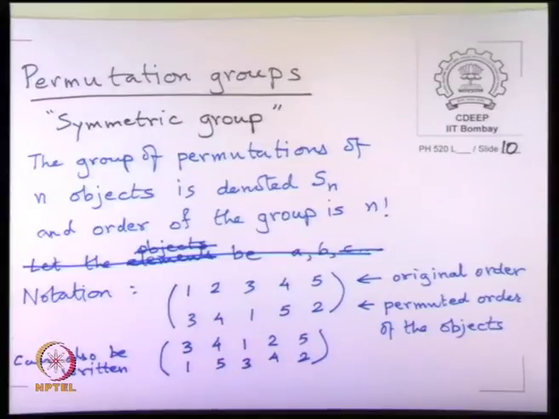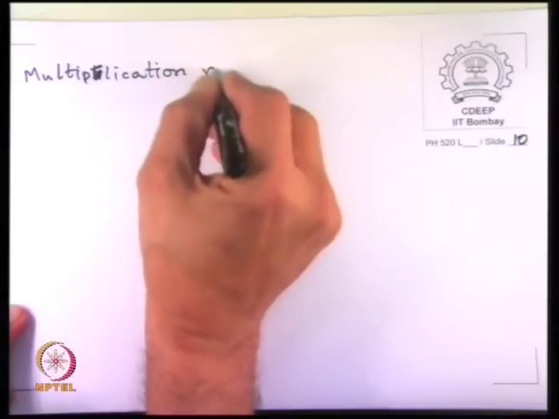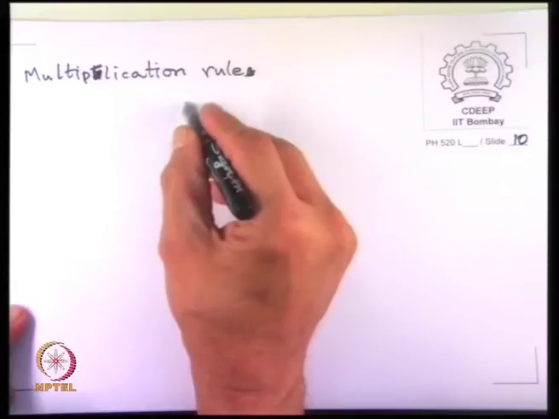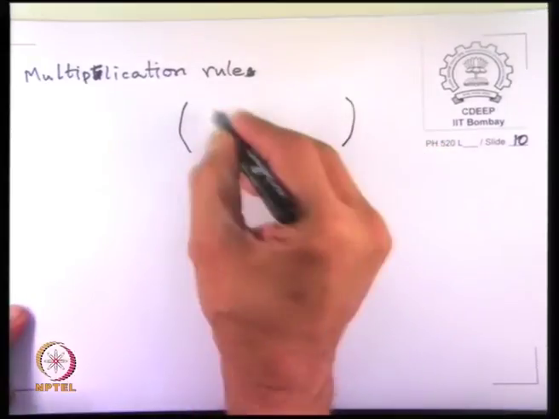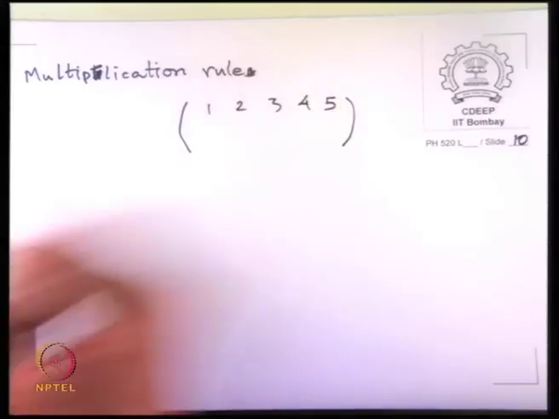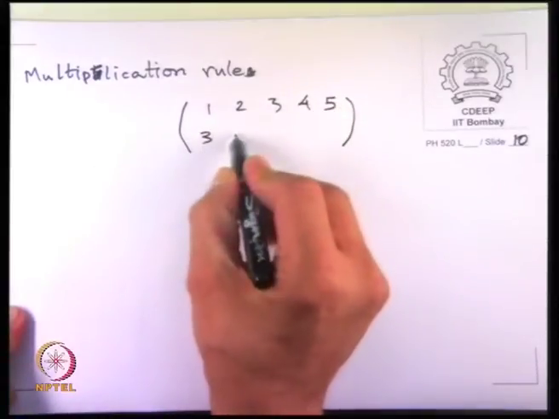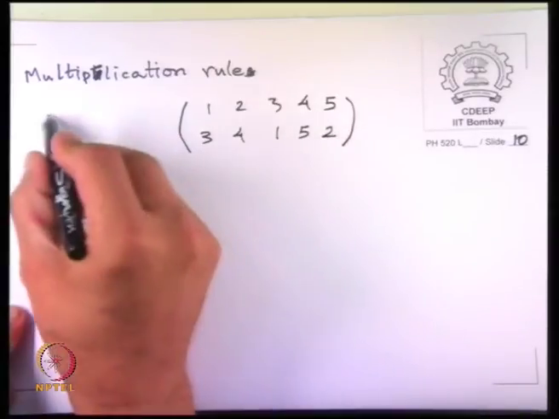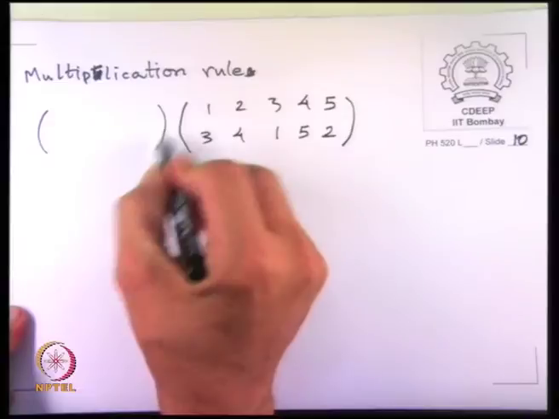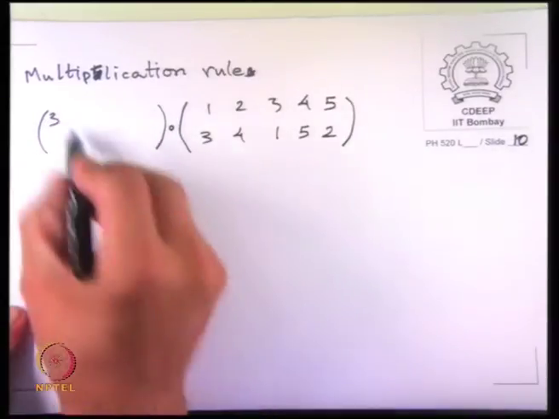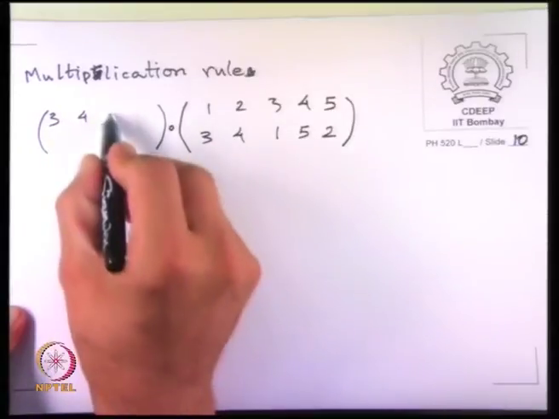The advantage of that is that you can actually make a multiplication rule. If I am given some particular thing, 1, 2, 3, 4, 5 goes to 3, 4, 1, 5, 2, I can write another element, and just to keep things simple, let me say I wrote this.